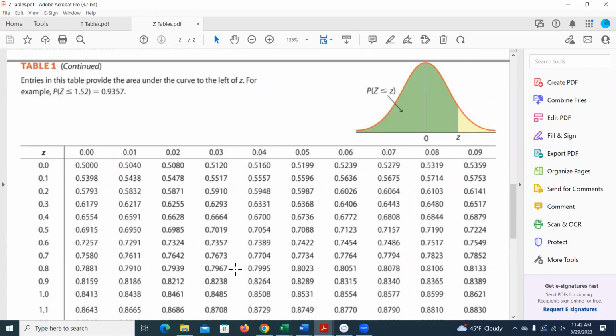The table actually gives me the area to the left, so 0.7967 is the area to the left. I wanted the area to the right. I need to do 1 minus that. So I get something roughly around 0.2.